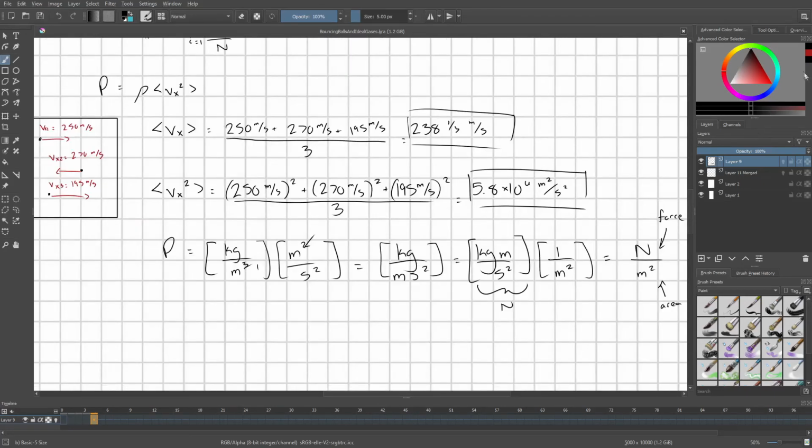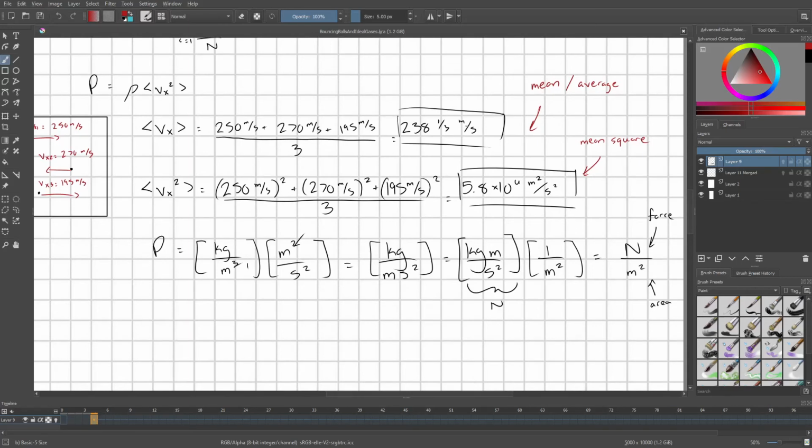All right, so far we've basically addressed that this guy here is just the mean or average. This guy here is the mean square. But clearly this is not a speed, right? This has some funky units with it.